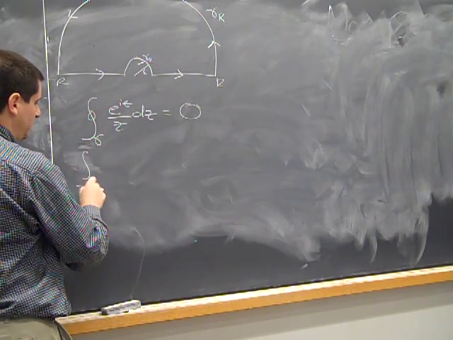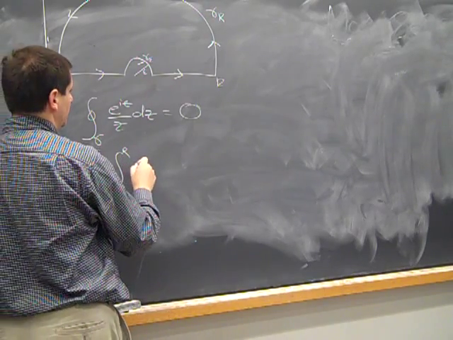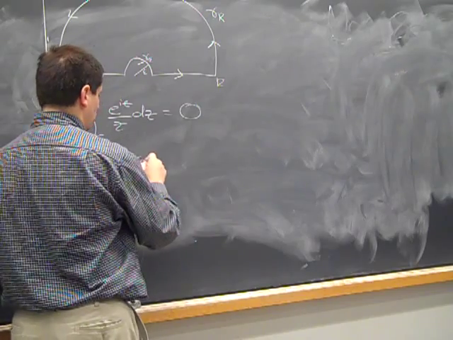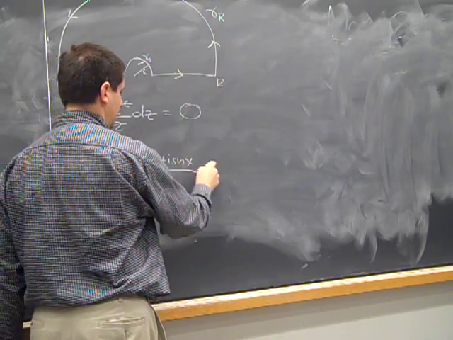Along the x-axis, I have the integral from minus r to minus epsilon, plus the integral from epsilon to r of cosine x plus i sine x over x dx.